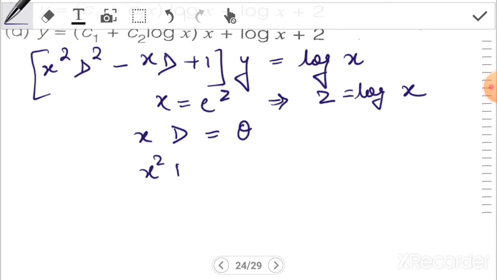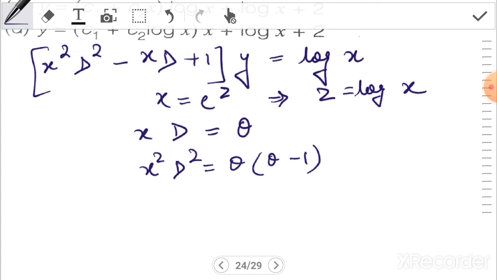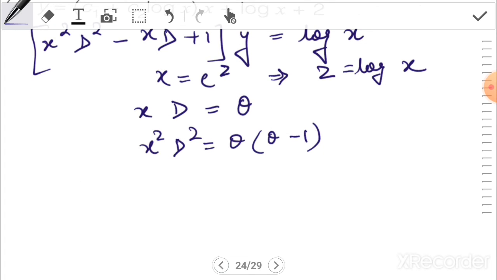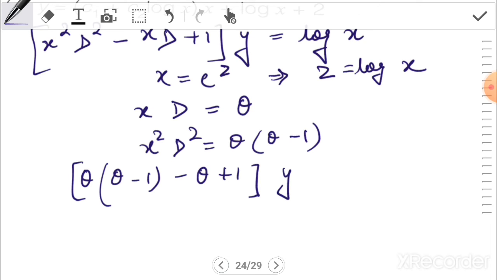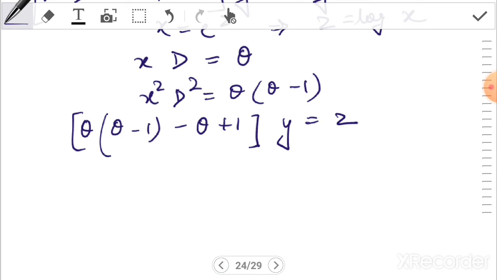Then x square D square is equal to theta times (theta minus 1). Then the modified equation will be (theta minus 1) whole square y is equal to z, and the auxiliary equation will be, let us simplify this first, theta square minus 2 theta plus 1 is equal to 0.